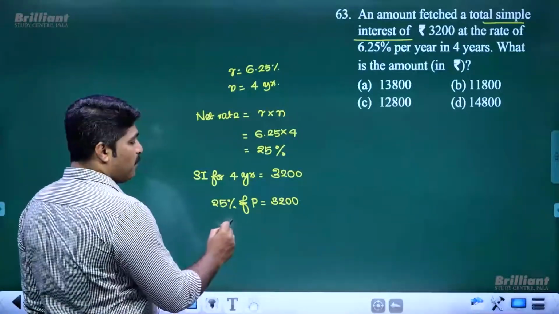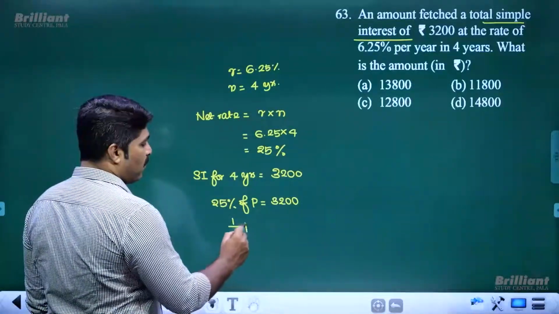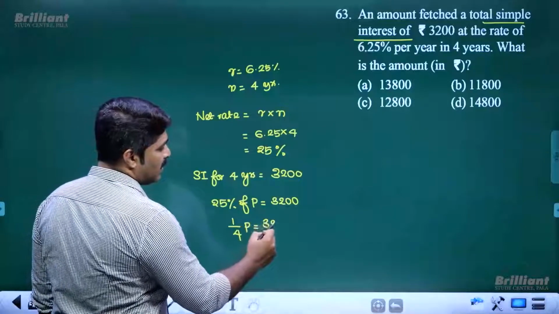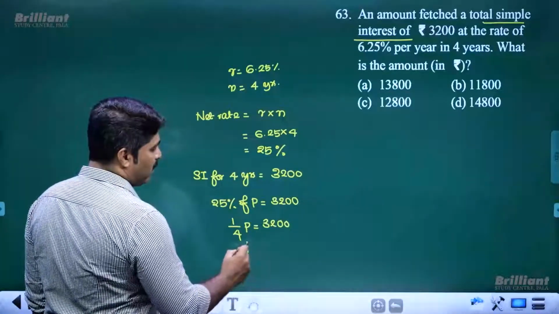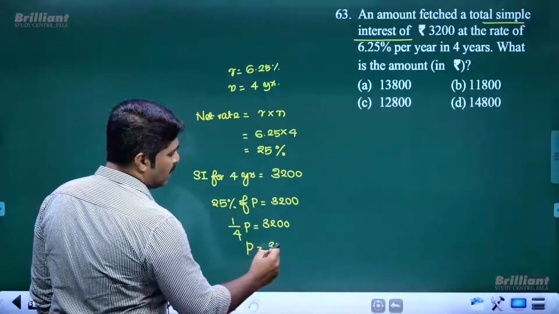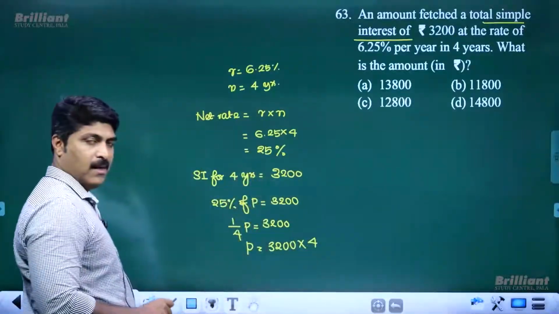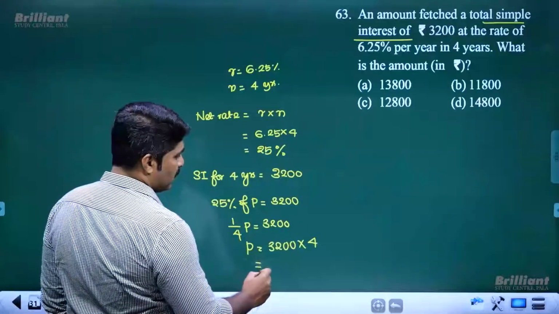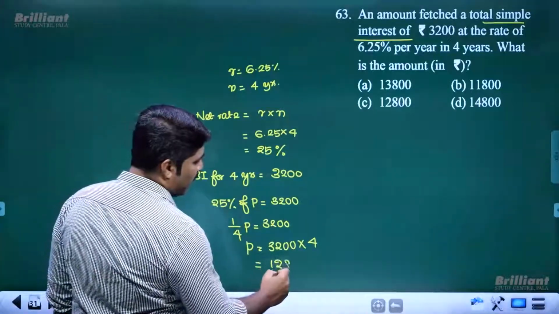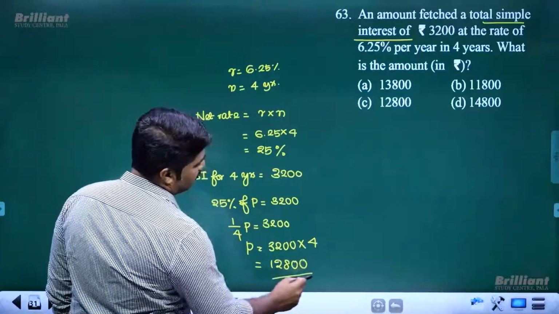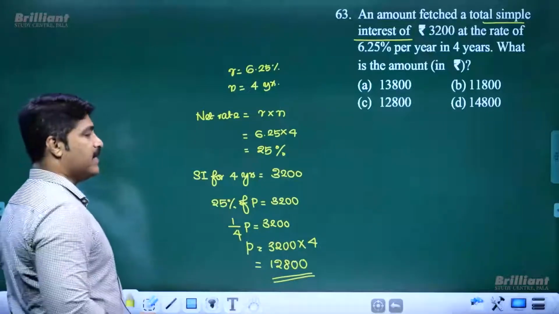As we know, 25% means 1 by 4 of P, that is 3,200. Then what is the principal? That is nothing but 3,200 into 4. What will it become? So this is 12,800.